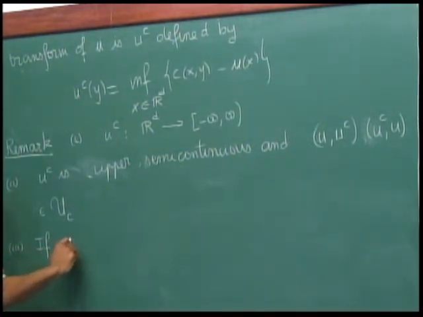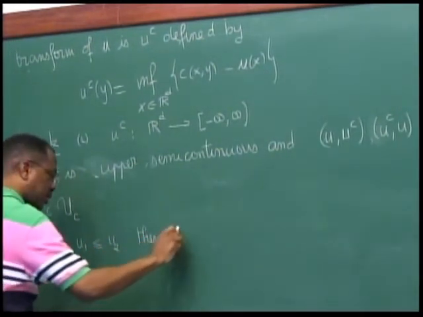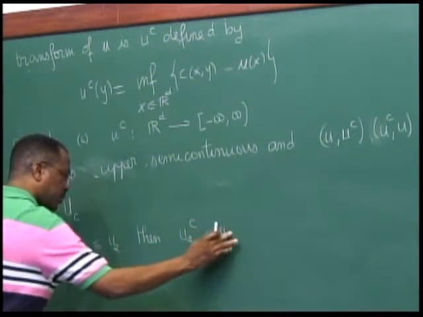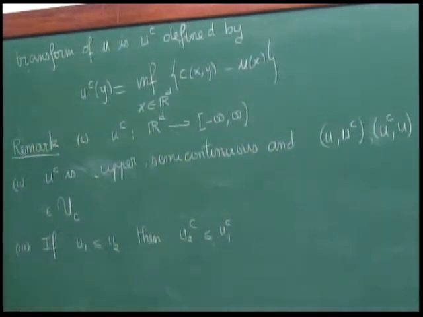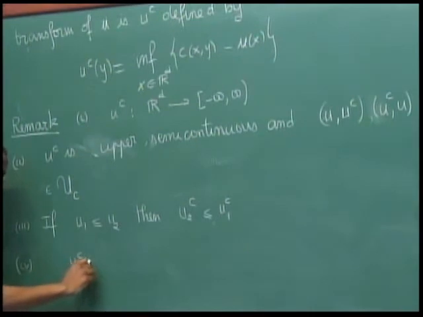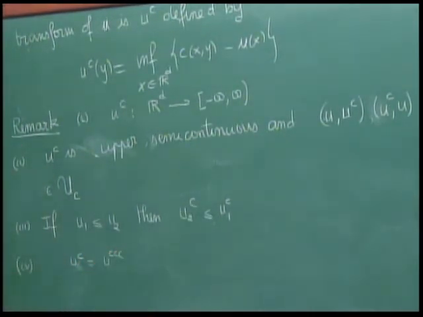If u1 is less than u2, then uc2 is less than uc1. If you do uc three times, you get uc.